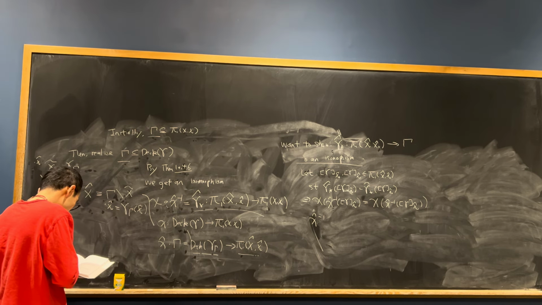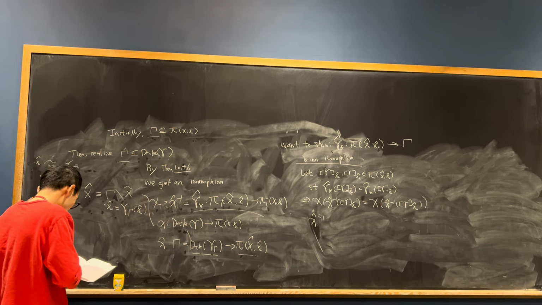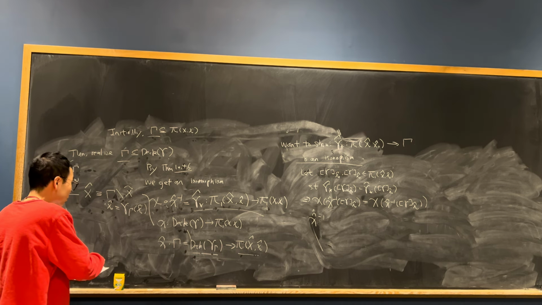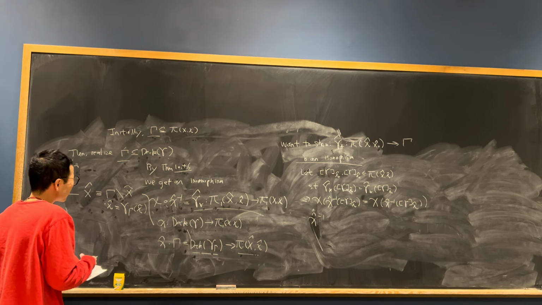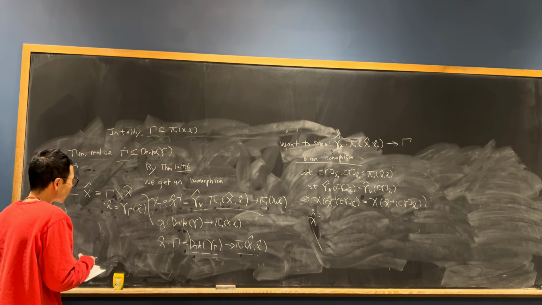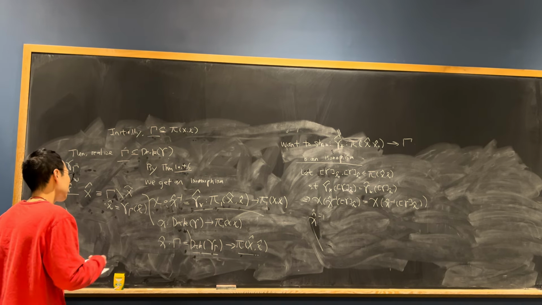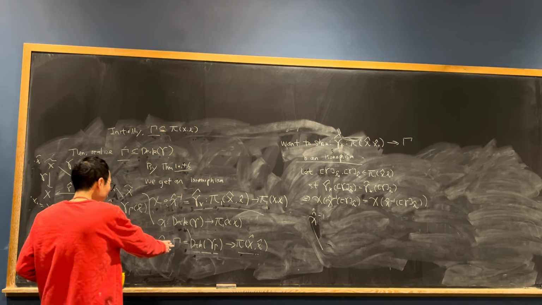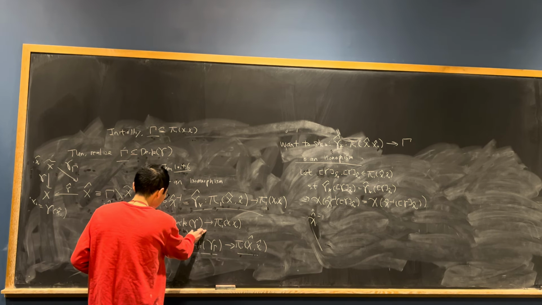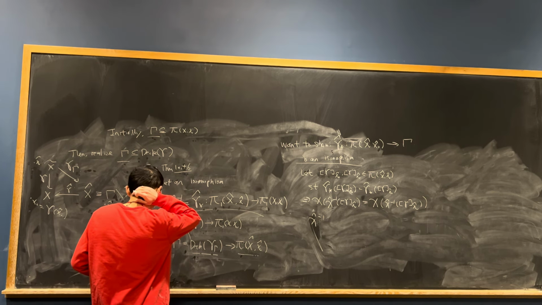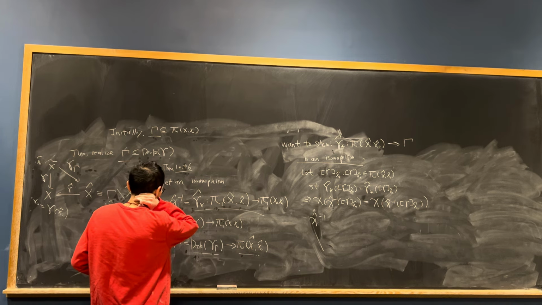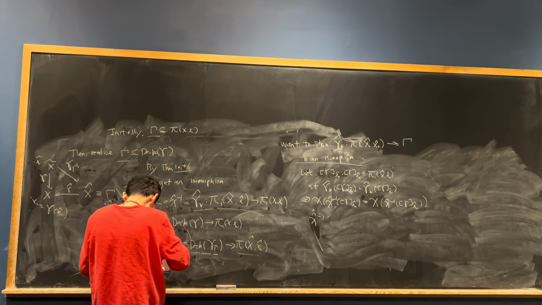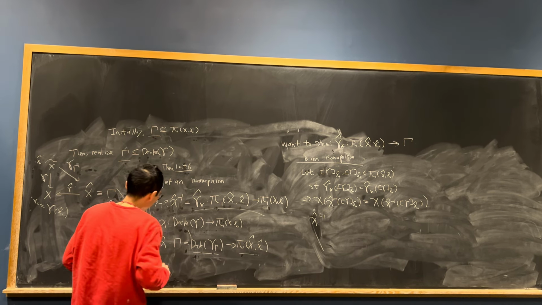I think I need to go back to the proof. Why is that an isomorphism? So the input is, wait. I'm sure that this is an isomorphism, and then this is an isomorphism. Okay. So when we compose with these two.